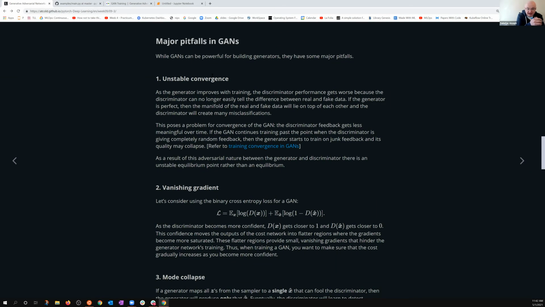So there's no clear way of deciding at what point we should just stop training, because the generator has become so good, because the discriminator is incapable of figuring out at what point it's difficult to classify it.